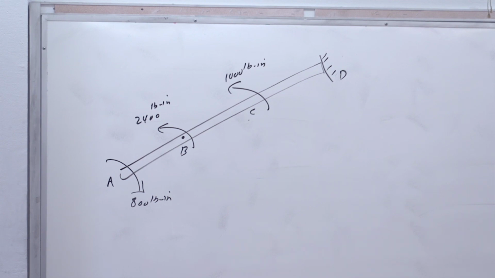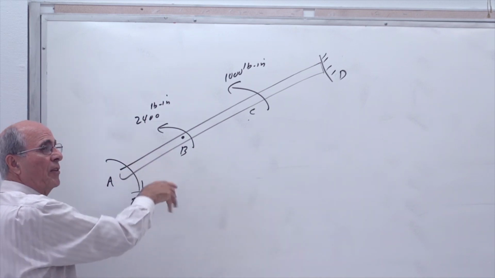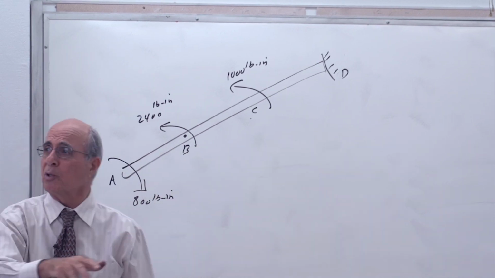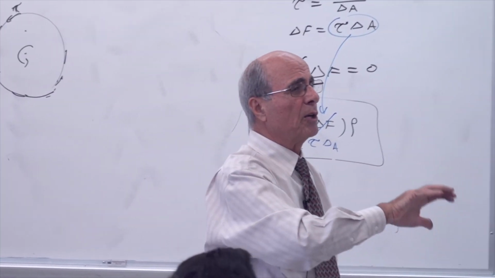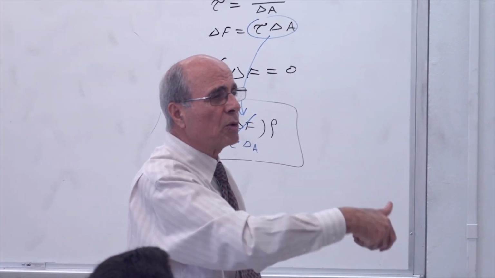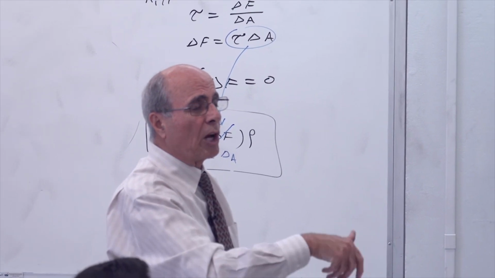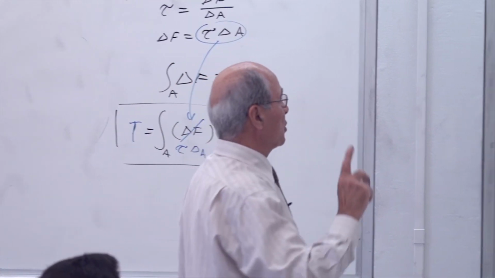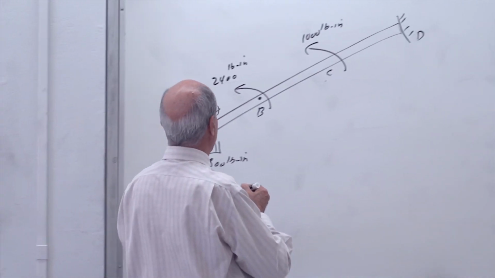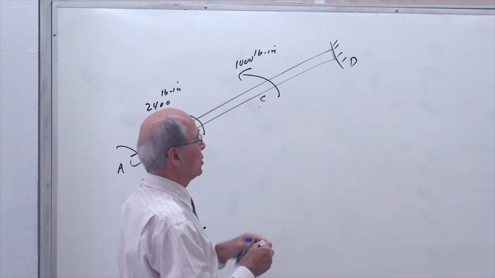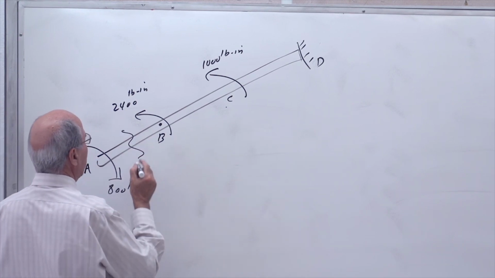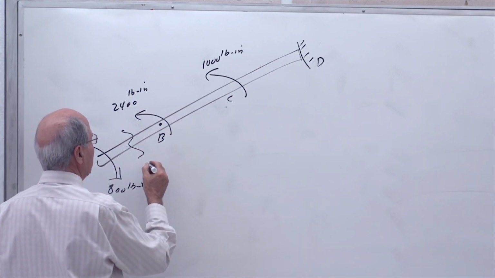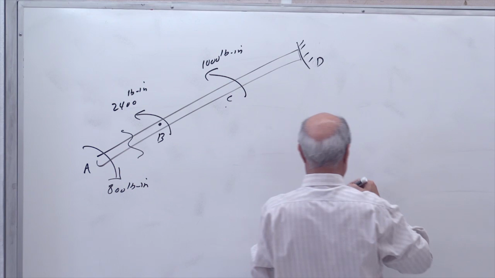It doesn't matter. But since this is fixed, and this is going that way, the rotation of AB is going to be clockwise or counterclockwise. That's what you were asking, in a way. It's going to be clockwise. So clockwise is negative. If I'm looking at the phi of this point with respect to D, I have to look at the internal torque. The internal part, action-wise, I'm going to put here in color.